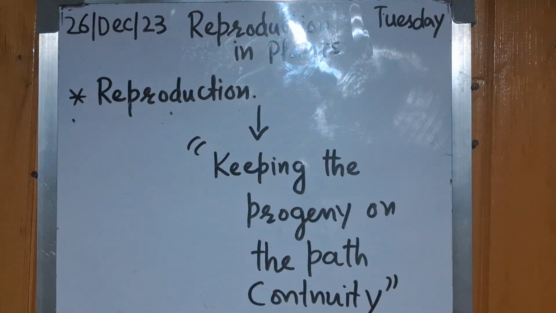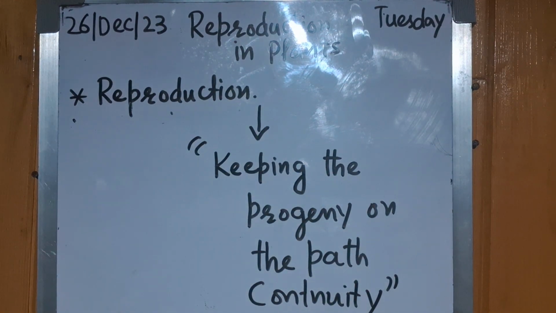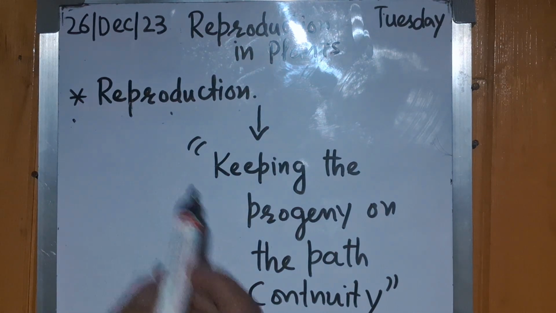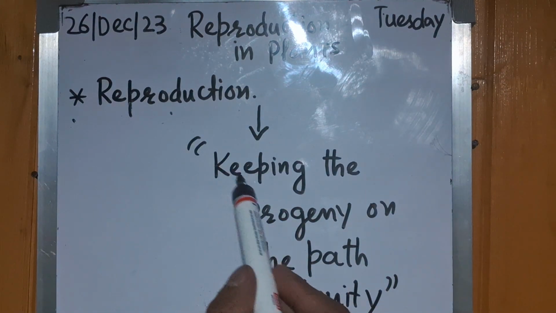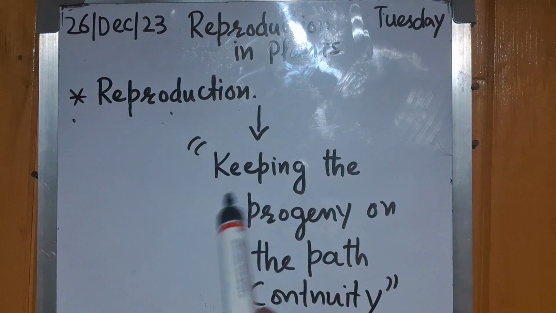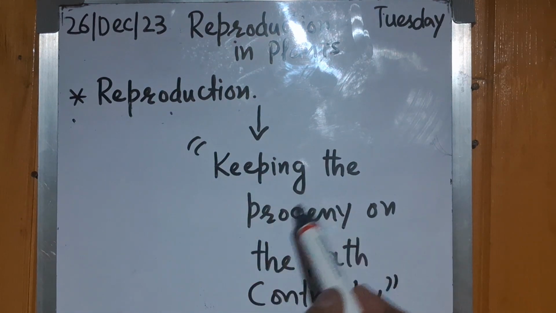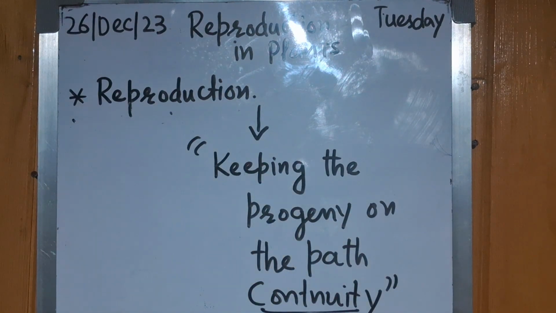Otherwise, if these organisms don't reproduce, their population will vanish from this biosphere. That is why they reproduce. That is the importance of reproduction: keeping the progeny on the path of continuity.